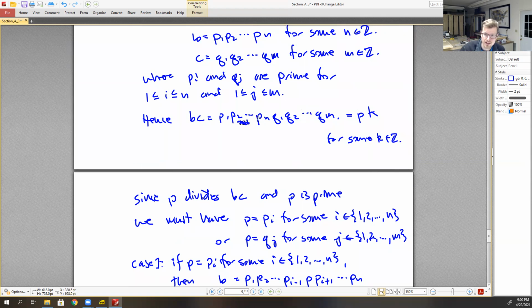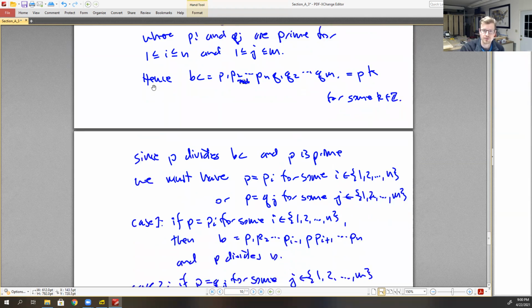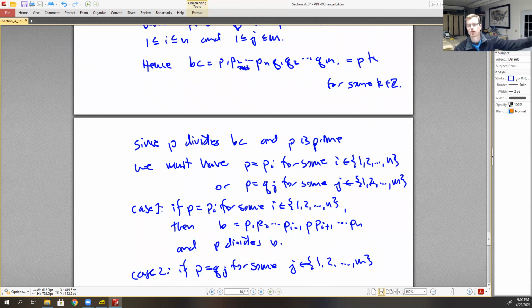It's either going to be one of these P values, I don't know which one, P1, P2, P3, Pi, where i could be any of 1, 2, 3, 4, all the way up to n. If it's not P, then it's Q. Which Q? I don't know. It could be 1, 2, 3, 4, all the way up to n. So it's Q sub j, where j is one of those numbers 1 through n.